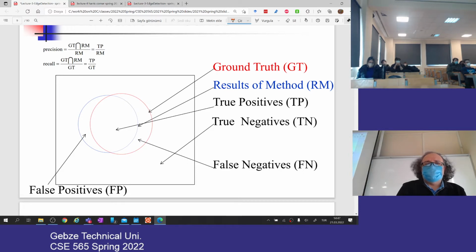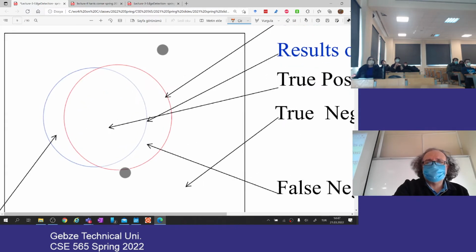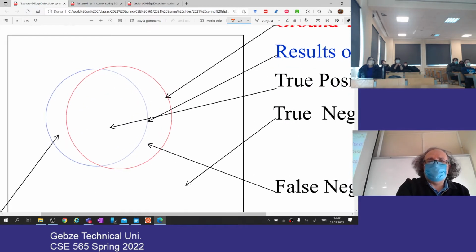So let's say I have detected the edges and I have the ground truth edges. Ground truth means that I accept these edges as correct edges. So let's say ground truth is this set indicated by this red circle. Results of our method, RM, is this blue one.